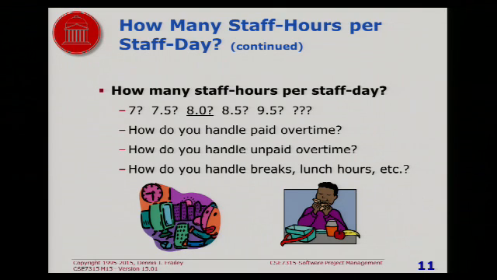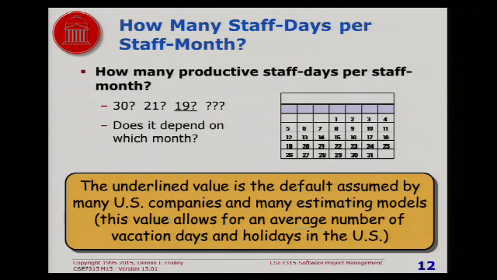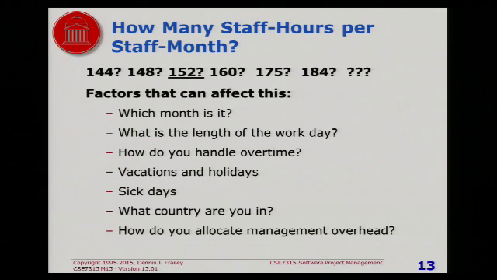But you have to know what you're dealing with here, because let's say you are talking to a potential customer and he says your competitor can do it in fewer hours, like the 2 golfers that I showed earlier on the slide. Maybe it's because of the way they're measuring it, and it's not really that different. How many hours per month, or staff hours per staff month?